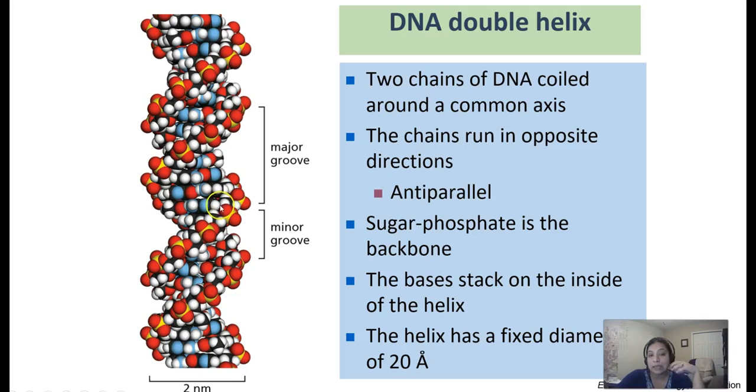The entire helix has a fixed diameter because every time there's one pyrimidine and one purine interacting, keeping that diameter constant. And the way the double helix is formed, you end up with a major groove, a larger groove, and then a minor groove that follows it. So the diameter of your DNA helix is going to be 20 angstrom or 2 nanometers.